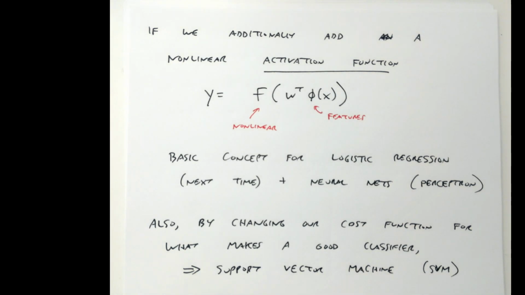You may have heard of SVMs for classification. We're going to talk about logistic regression next time and SVMs the time after that. These are all basically different ways of changing our model for what makes a good classifier and arriving at different decision boundaries.